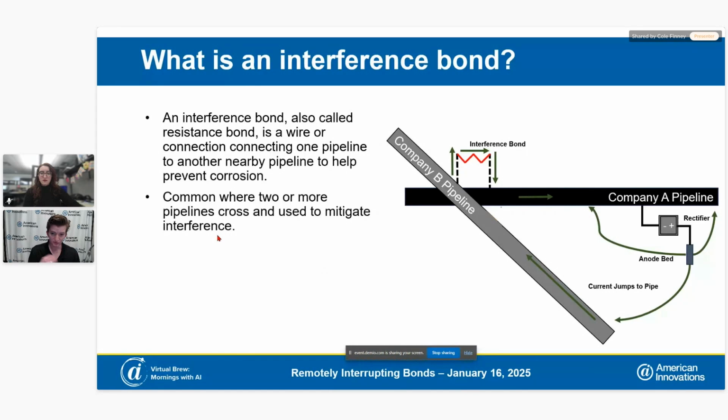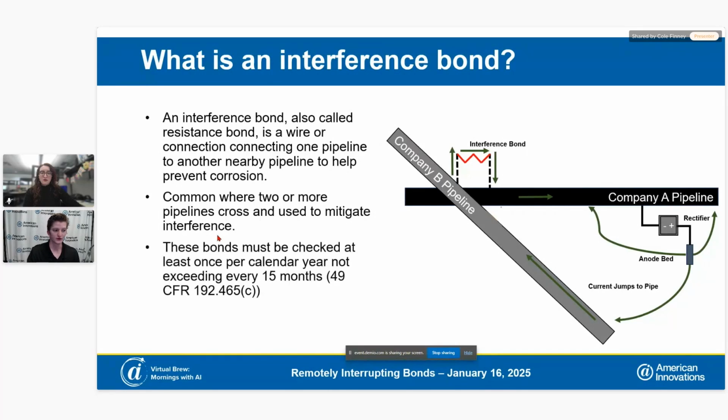And so that's kind of the main reason why a lot of these bonds exist and are out there in the world. And when you look at what PHMSA discusses as a bond, this type of bond has to be looked at least once a year, not exceeding every 15 months. And I have the actual reference there. It's from PHMSA 192.